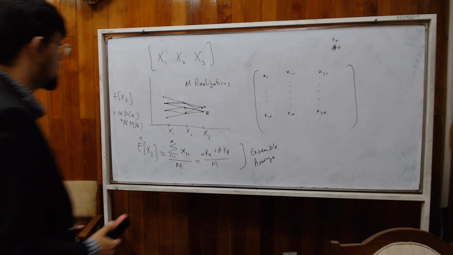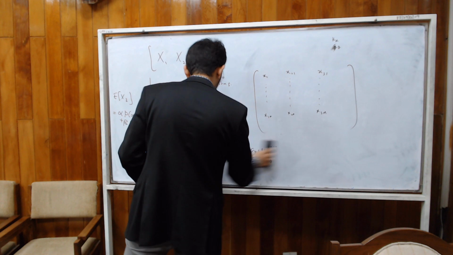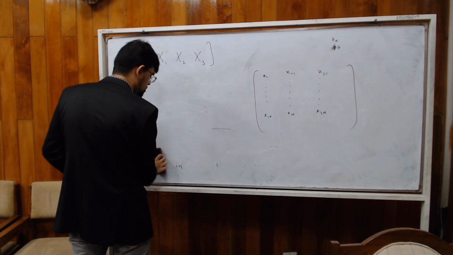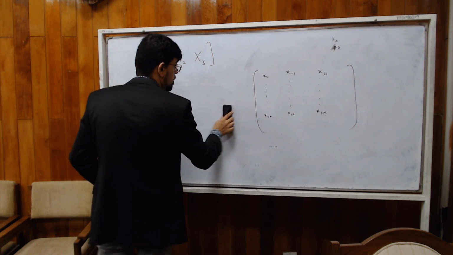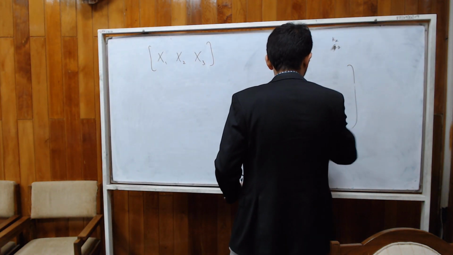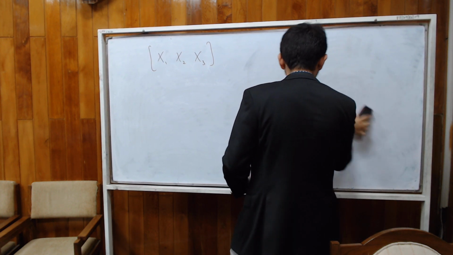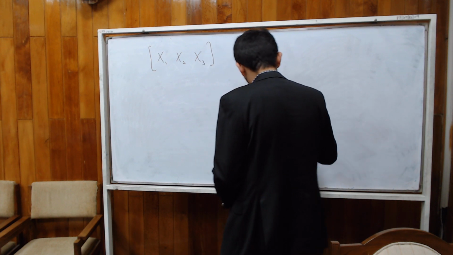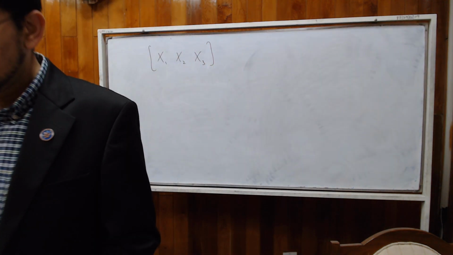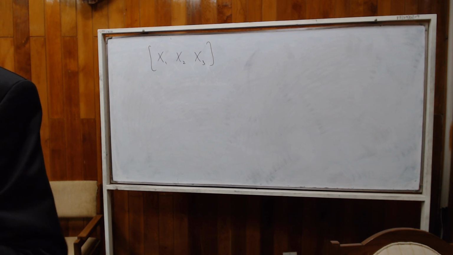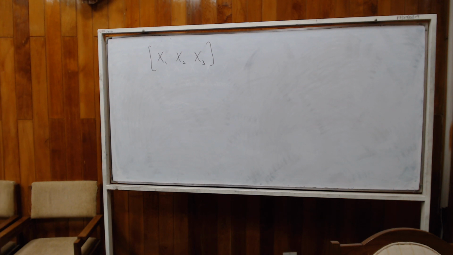Although not for this random variable, or it could be this one. Let's say another strategy could be that you observe one very long realization of a random process.